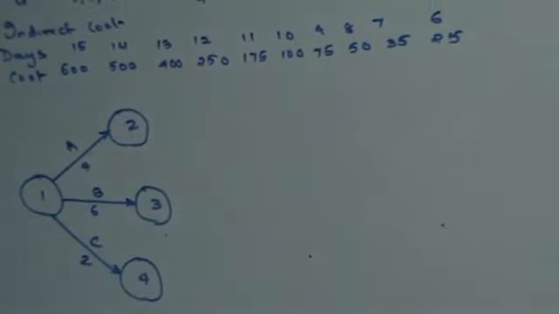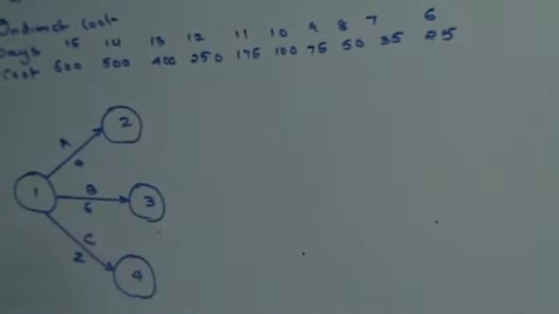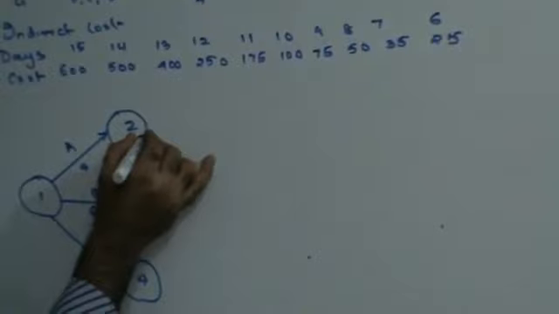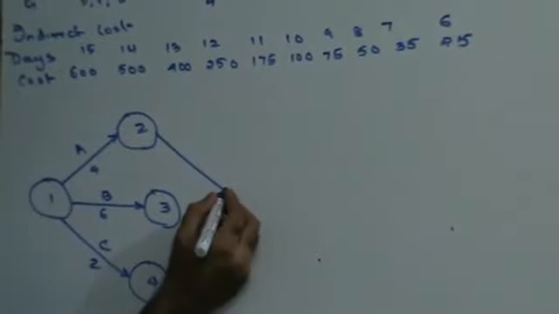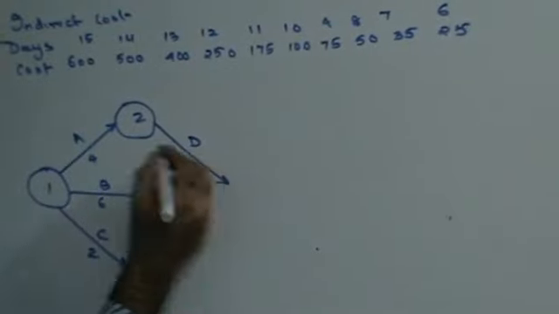Right? Now from A you go to D. A gives you D. A also gives you F. So from A you will have D, activity D which is of 5 days.